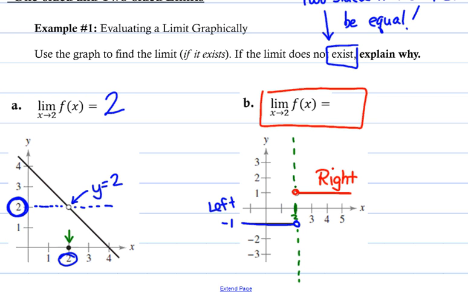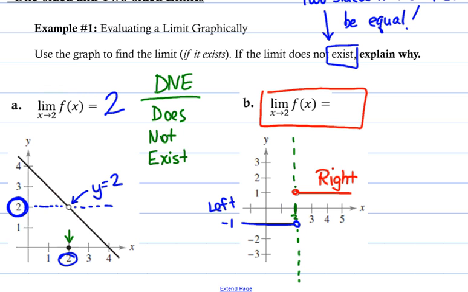When I compare them, they have to be the same in order for that to be the limit. If they're not the same, then we use something called does not exist. It's a phrase, D-N-E. D stands for does, N not, and E exist.